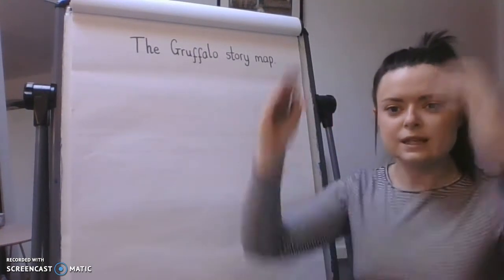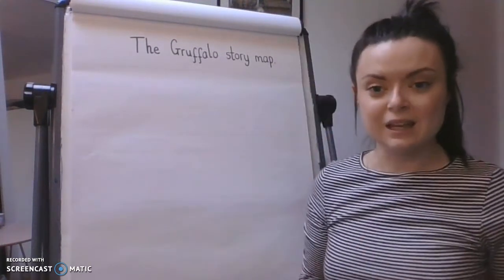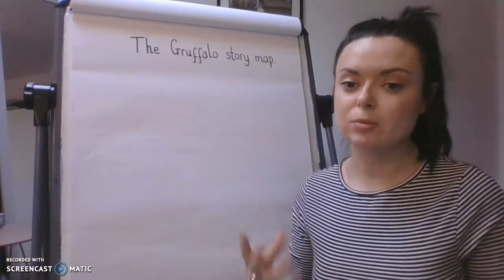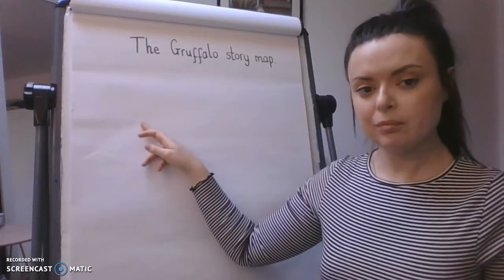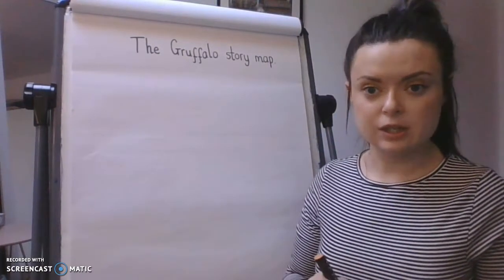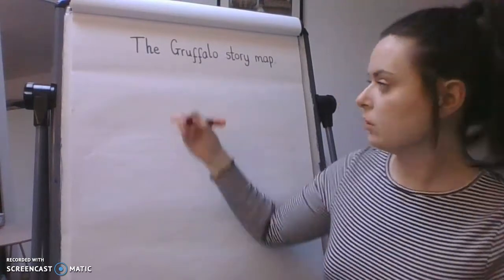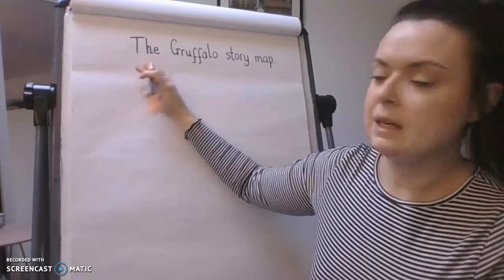He was going in the deep, dark woods, wasn't he? There are a few little actions that I've added there to help us remember. I'm going to draw here the mouse walking into the deep dark woods, so you can be doing the same thing at the same time, or if you want to wait until I finish, that is completely fine.